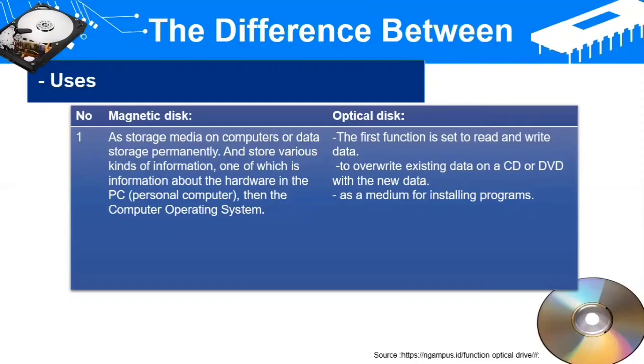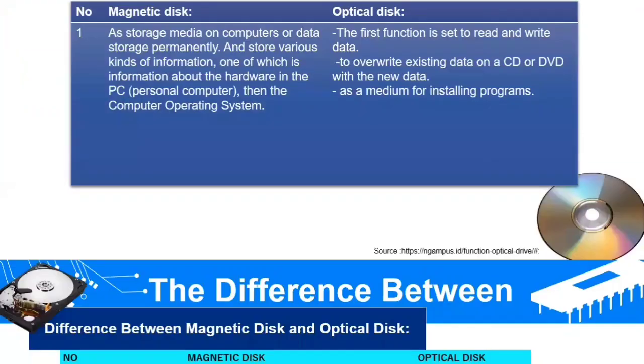An optical disk's first function is to write and rewrite data, to overwrite existing data on a CD or DVD with new data, as a medium for installing programs.